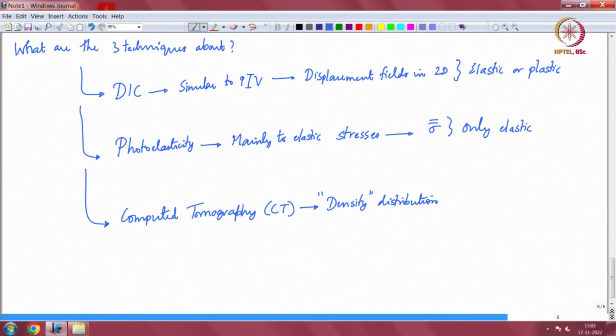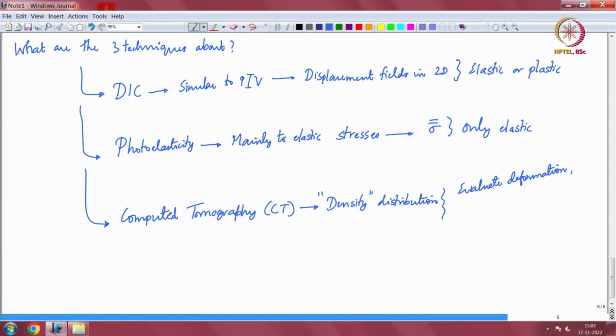Okay. I put density within quotes; as we go along, I will define this a little more rigorously and then you will see what this means, and you can use this to evaluate deformation fields if needed. CT is much more than just deformation fields or stresses and strains, it gives you actual density information.